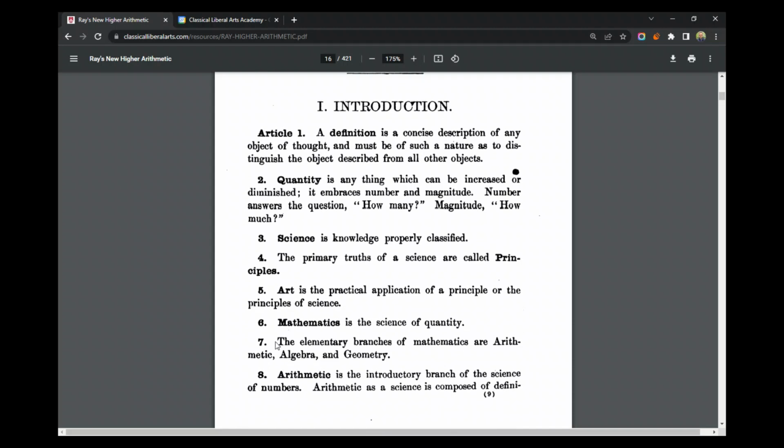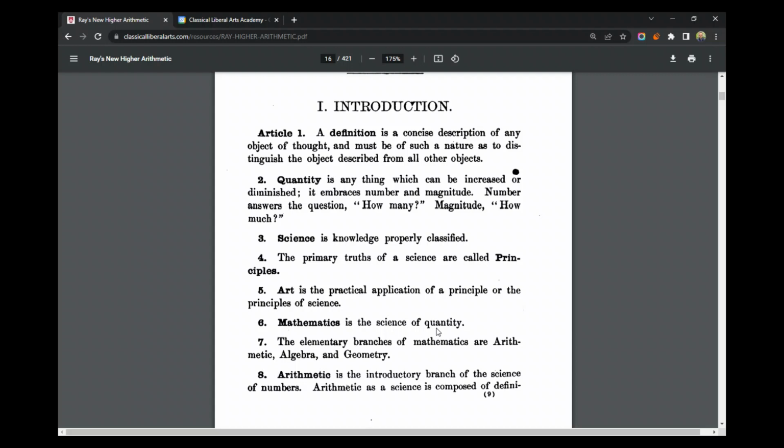Article number 6. Mathematics is the science of quantity. Mathematics is the main subject that we're going to study. This course, however, is titled Arithmetic, and arithmetic is one part of mathematics.